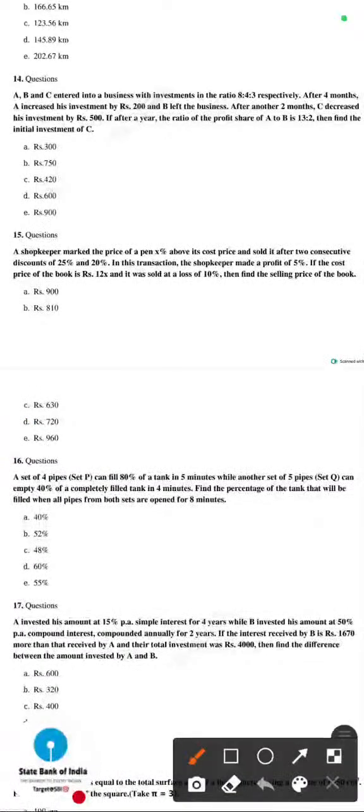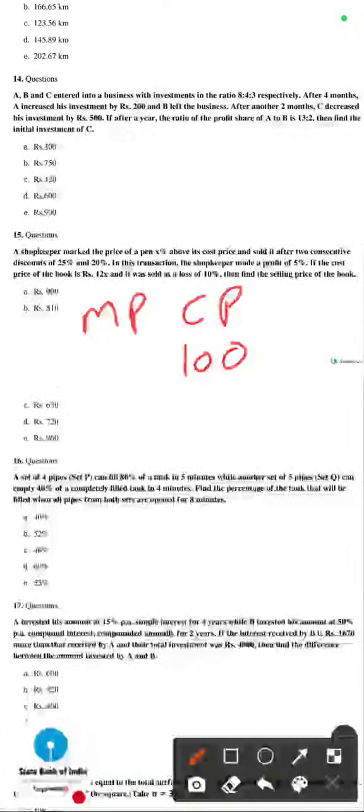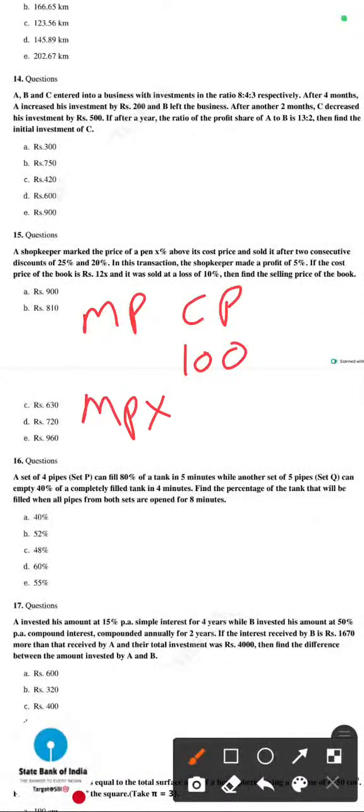So in this question, first the cost price is increased by some x percentage and marked as the market price. We don't know the market price, but let us take CP as 100, and for the market price it is given two successive discounts of 25% and 20%. 25% means 1/4 discount given, means 3/4 left.